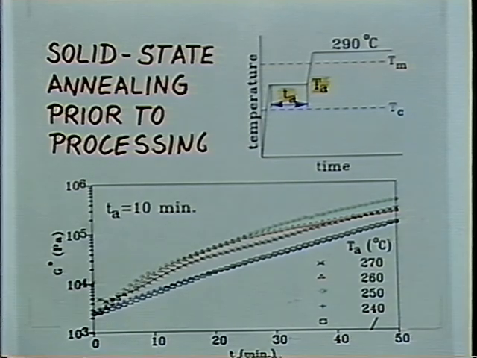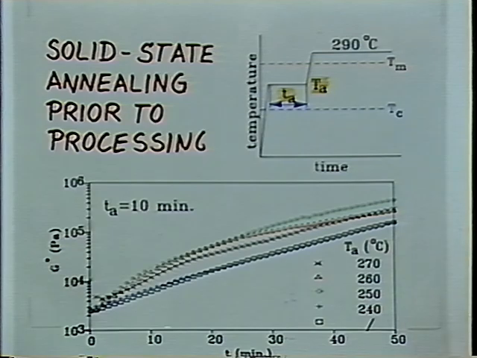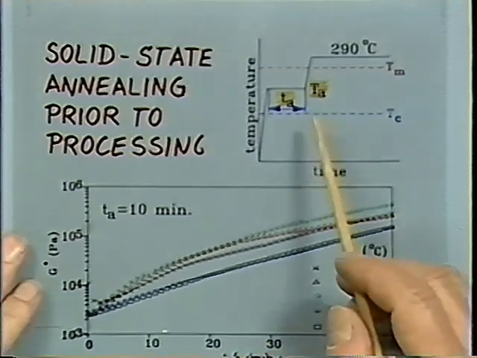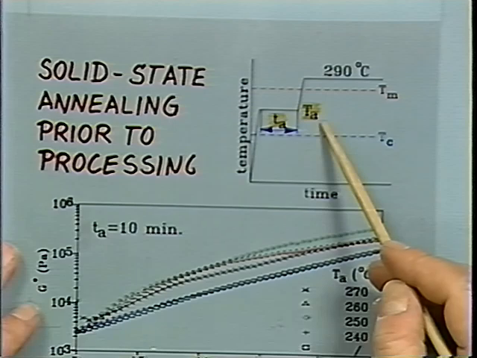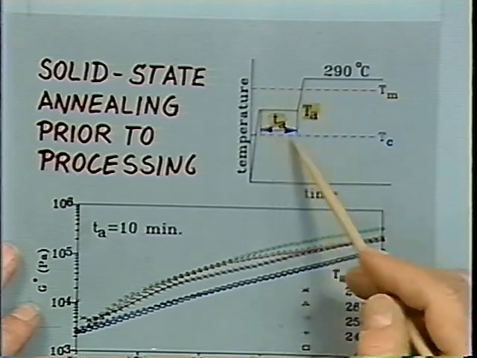And you can see that in the X-ray structures. So annealing in the solid state will improve the order and will change the melting temperature of the system. The parameters of the annealing are the time of annealing and the temperature of the annealing.